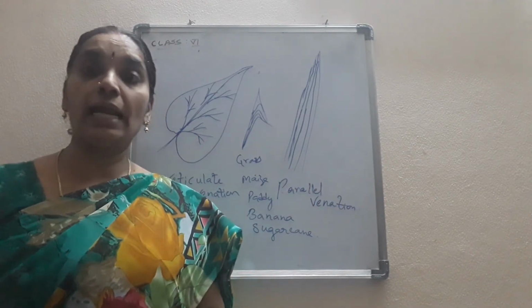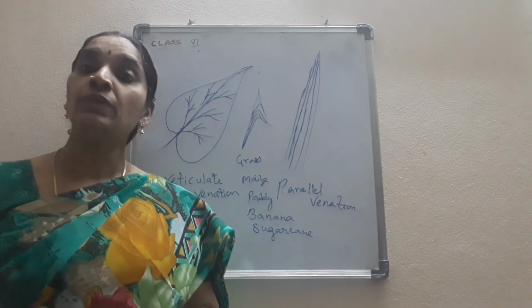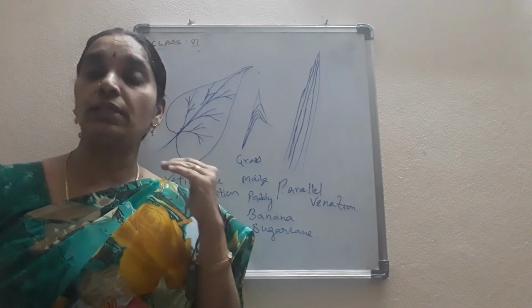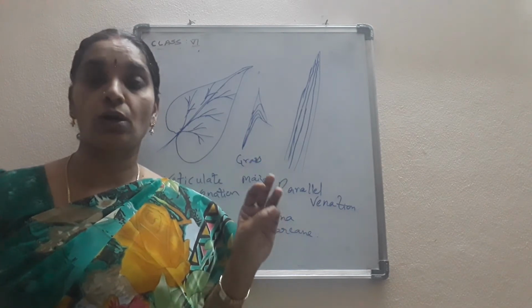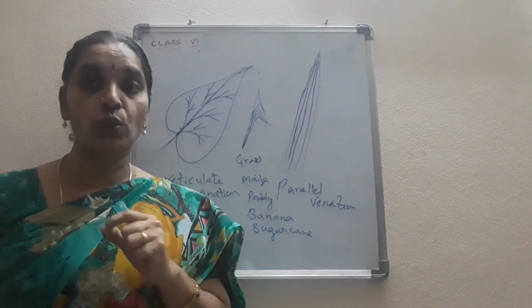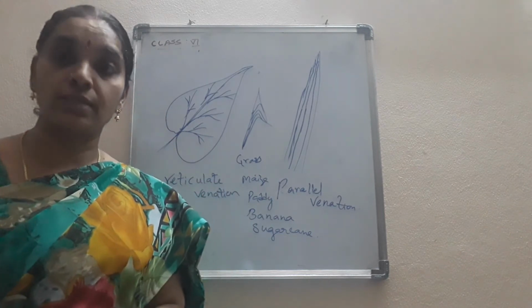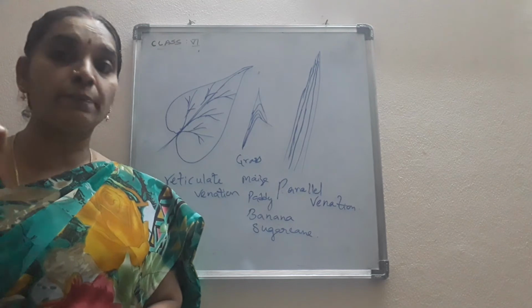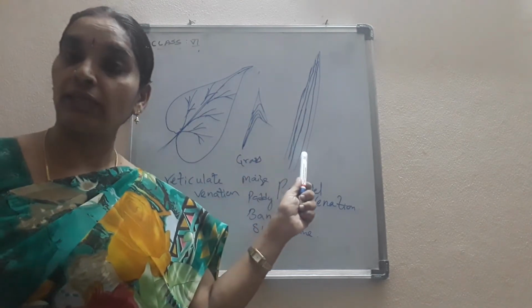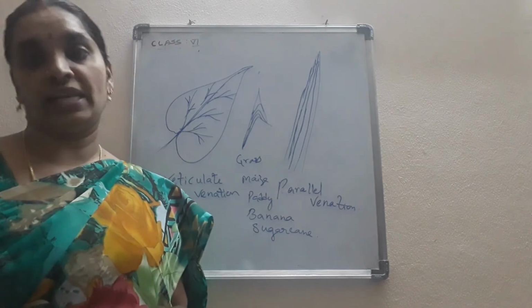One thing you can understand, that you have already learned about the types of root systems, is that it is based on the type of the seed, whether it is a monocot or a dicot. If the plants are monocotyledons, then the root system is mostly a fibrous root system, and the leaves mainly have parallel venation.